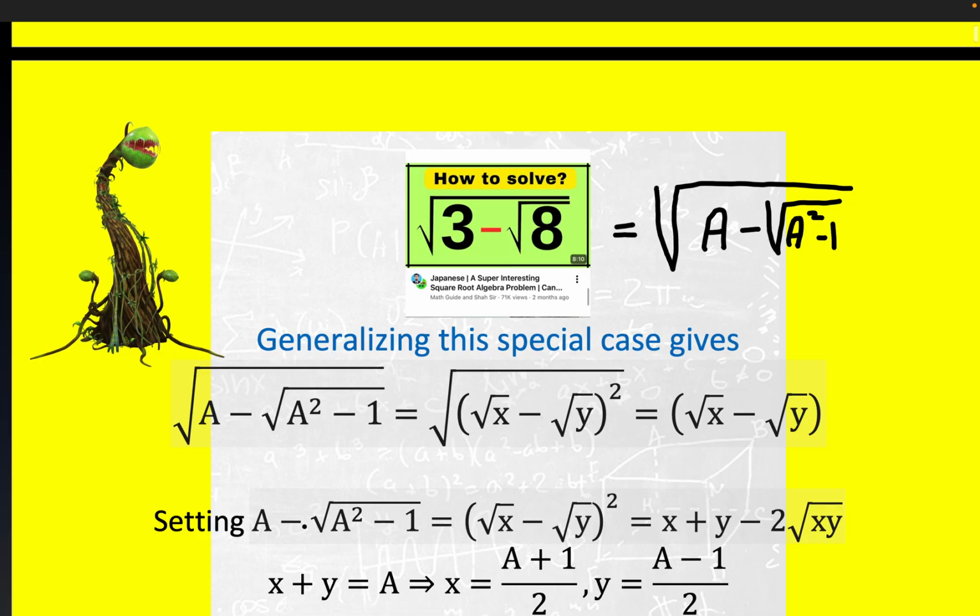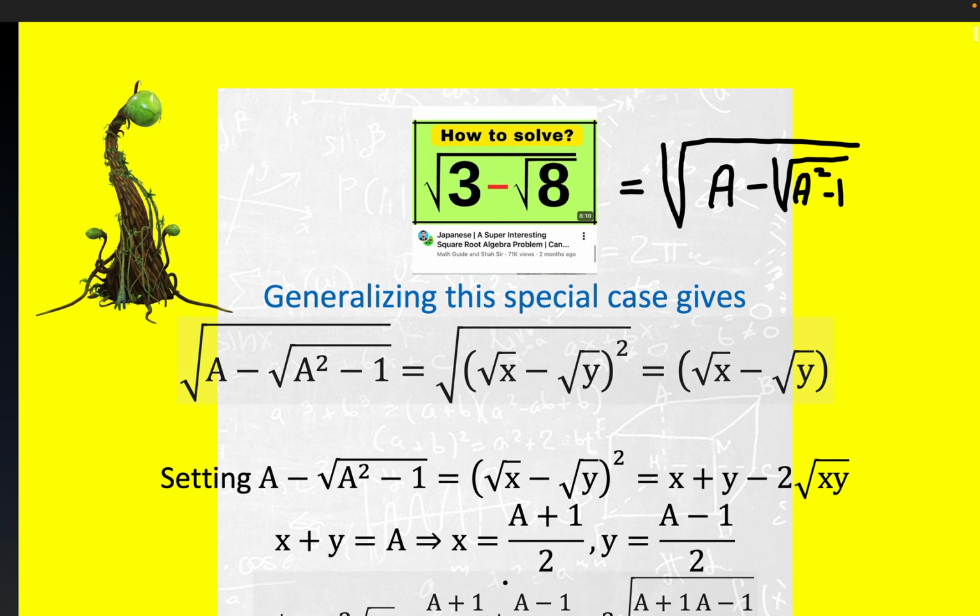For this to work out nicely, we have to force it to equal some object squared, so that when you take the square root of something squared, you get the something, right? Now, when you expand this out, you get this expression right here. Okay, and so it's very natural to make these assignments here.